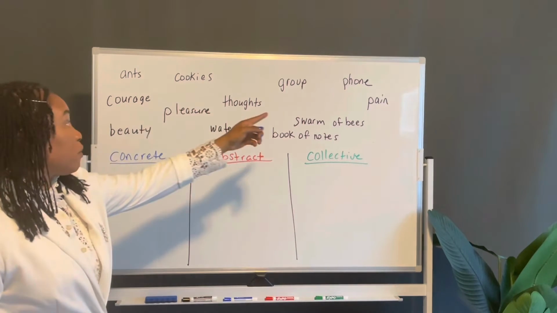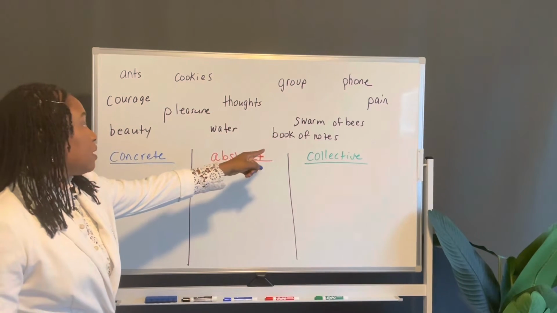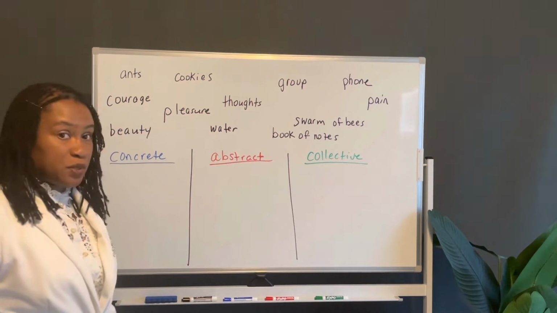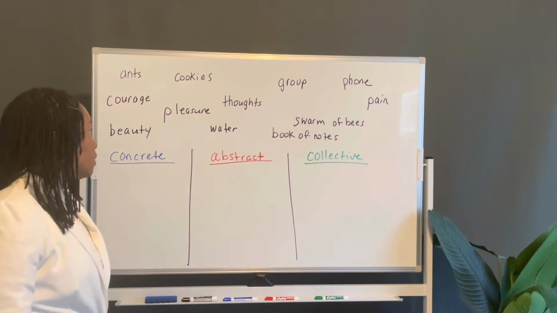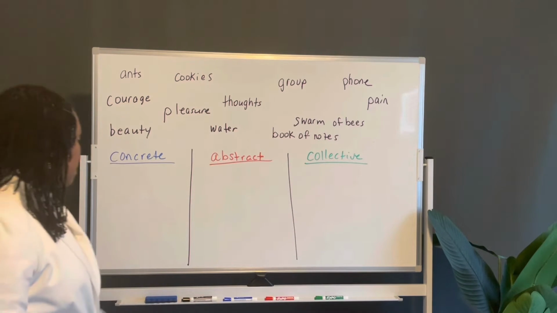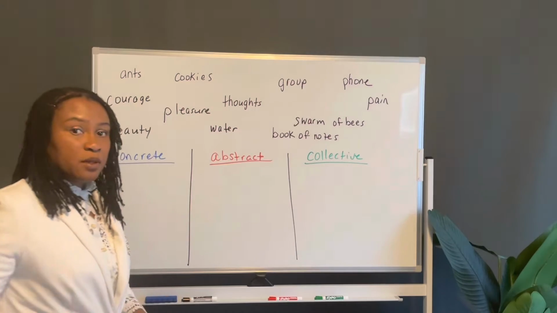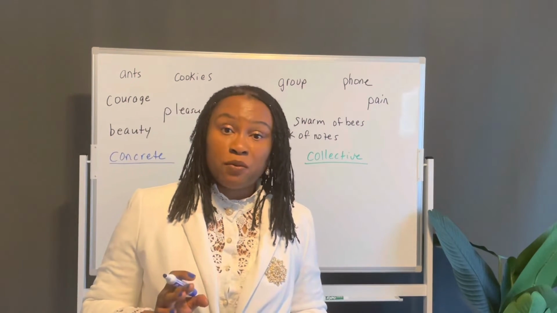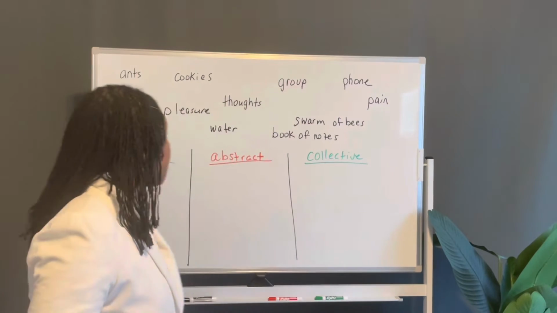Ants, cookies, group, phone, pain, swarm of bees, book of notes, thoughts, water, pleasure, courage, and beauty. Okay, so let's look at this. All right, concrete nouns. I'm going to put them in blue. Remember, concrete nouns are nouns that you can observe with the 5 senses.